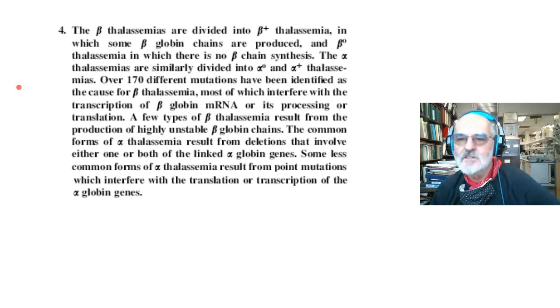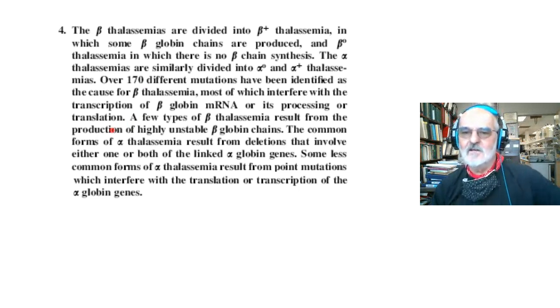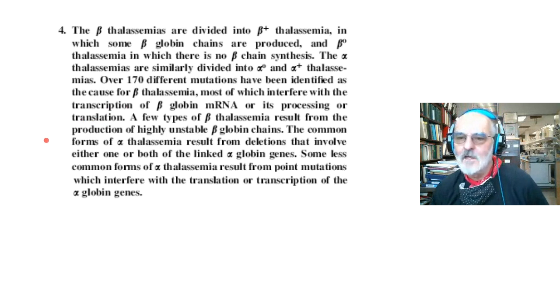This is a summary from that inherited disorders chapter. This at the time is identifying 170 mutations identified as causing beta thalassemia. Mostly they affect transcription or processing or translation. Some of them have to do with unstable chains, so that's a folding mutation.